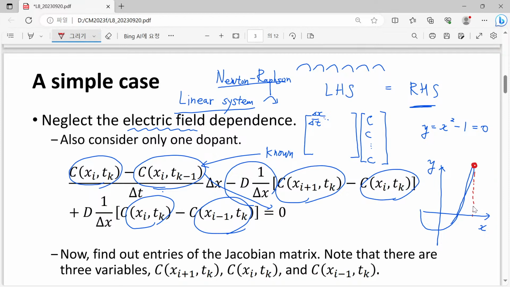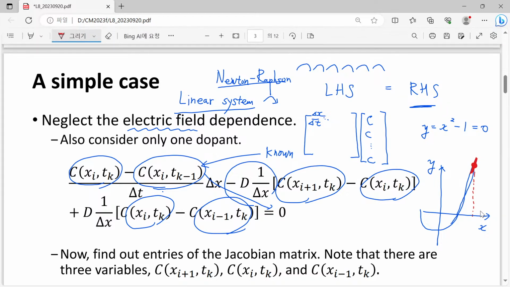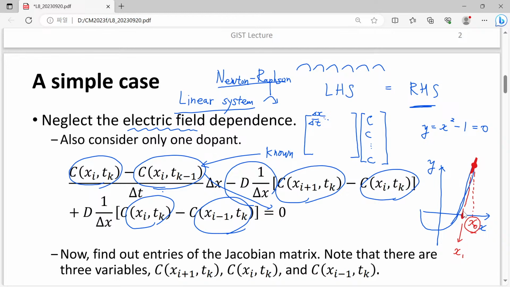What we do in the Newton method is to calculate the local derivative at our initial guess. Then we go to this updated solution x1. Of course, this x1 will not be the perfect solution, so we once again calculate the derivative and approach the real solution. This is the solution procedure of our Newton method.